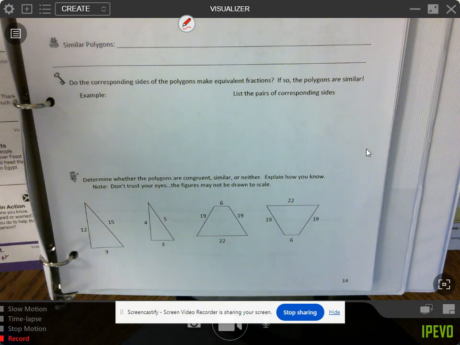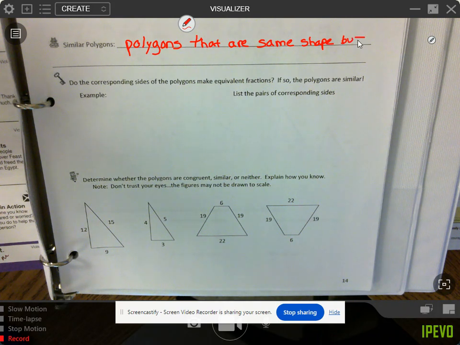Okay, so similar polygons are polygons that are same shape, but different sizes.